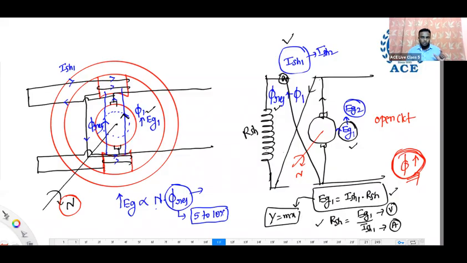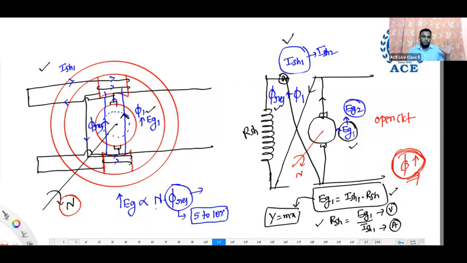Compared to previous, now it is reverse. Whenever field terminals are wrongly connected, due to the induced EMF Eg1, a field current flows in the reverse direction to the previous. Now I'll come back to the first figure.